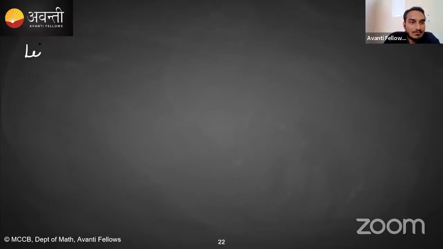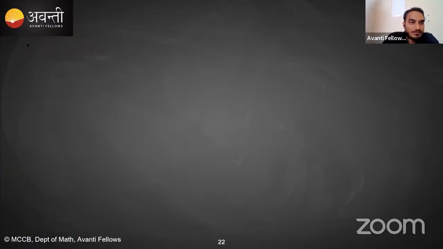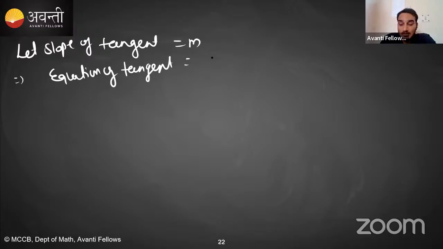Let the slope of tangent be m. So the equation of tangent can be written as follows.